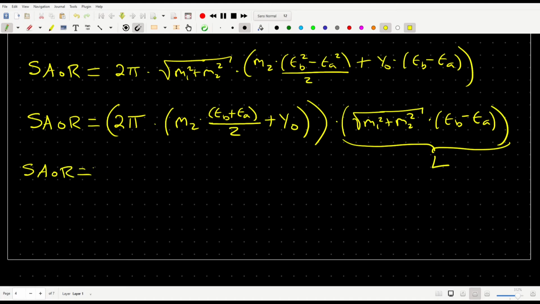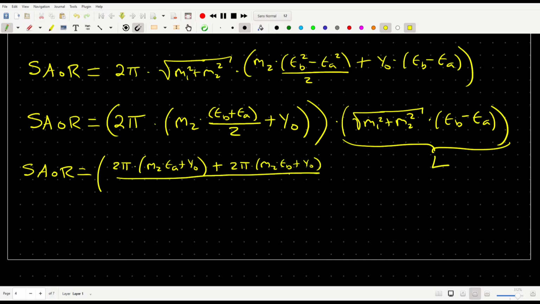This is the same thing as 2 pi times m2 times t_a plus y naught plus 2 pi times m2 times t_b plus y naught over 2 times L, remember, because this entire thing is L. And this is nothing but the average of the circumference of the beginning circle at t_a and the ending circle at t_b.